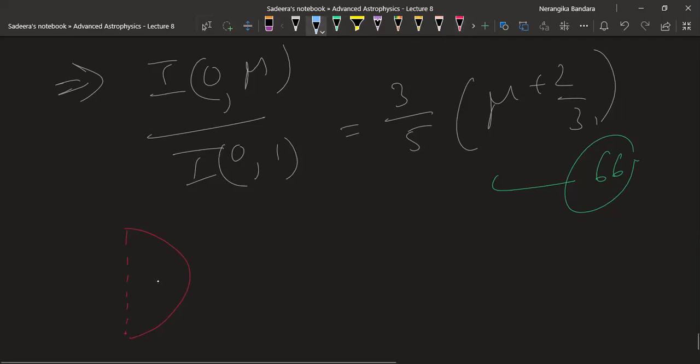And if you have some radiation coming in this direction, and if you are the observer in this direction, you're observing the component in this direction. So this would be theta. So we're just considering rays coming out of the atmosphere of the star or the sun to an observer.